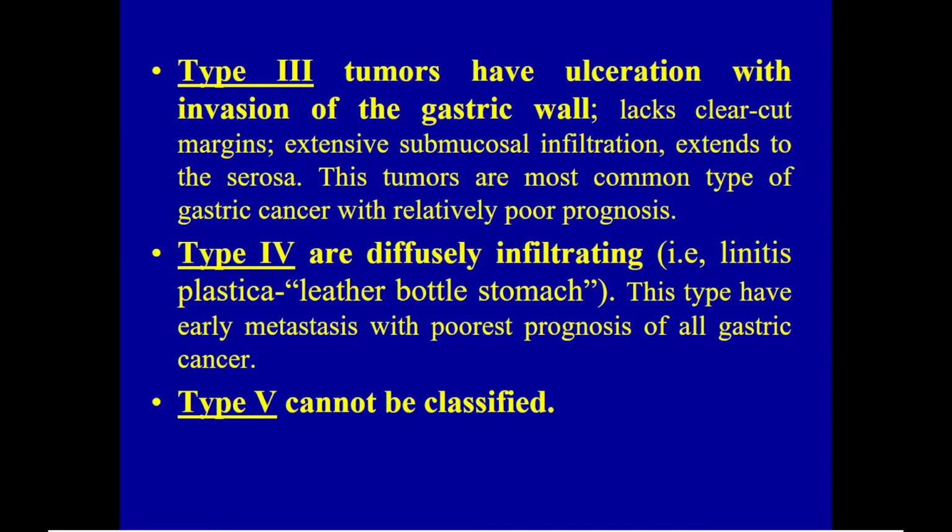Type 3 tumors have ulceration with invasion of the gastric wall. They lack clear-cut margins, with extensive submucosal infiltration extending to the serosa. These are the most common type of gastric cancer, with relatively poor prognosis.